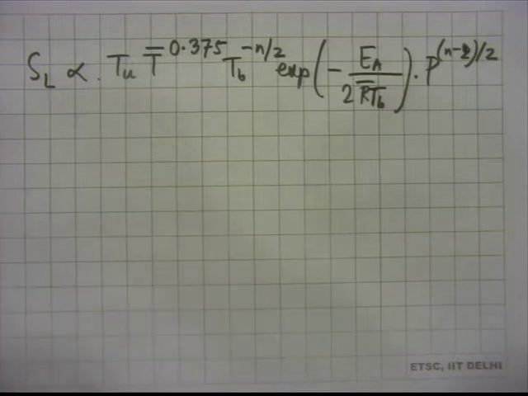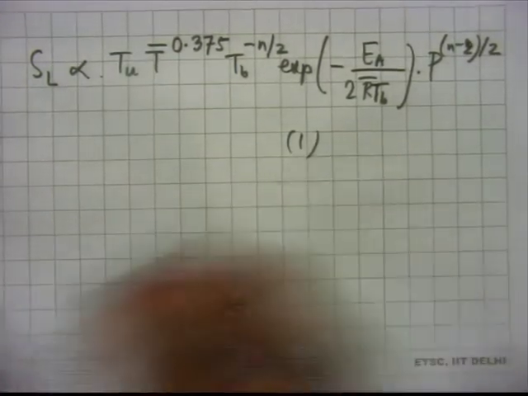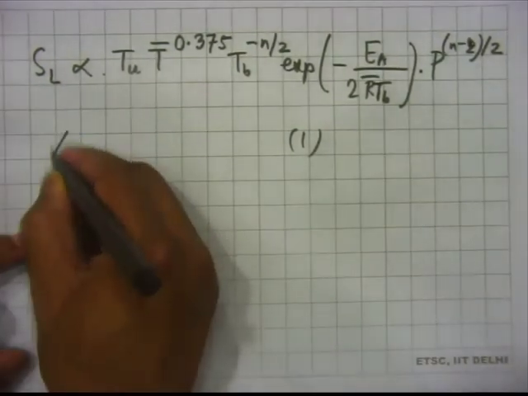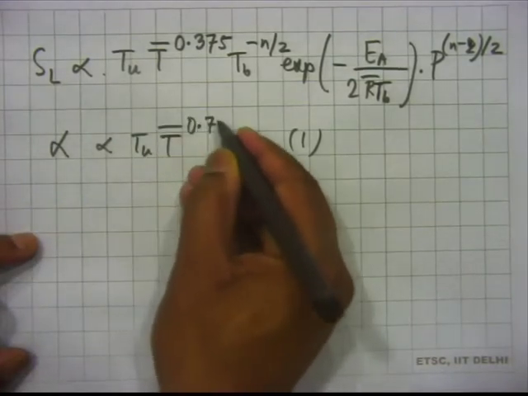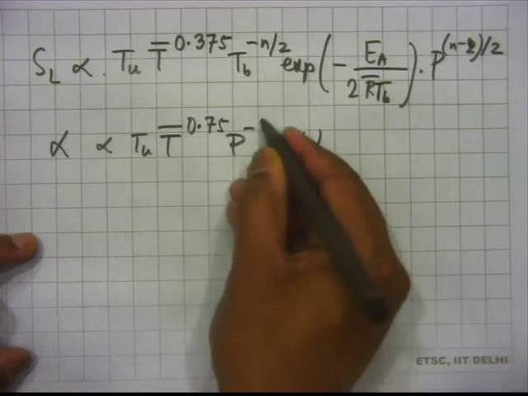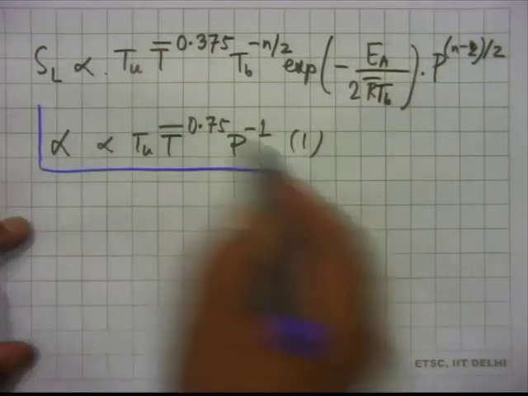Now, we had this 1 and 2 on the previous page. So, we are going to look at that one first, and one was alpha proportional to TU, T bar to the power 0.75, pressure to the power minus 1. Okay, so how did this come? This is 1.